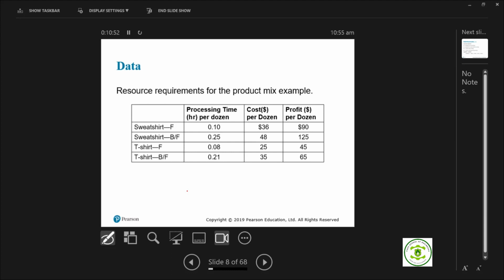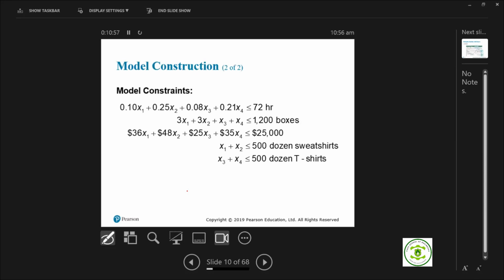So that's how that one is done. And we said that the maximum is 25,000. That's the maximum budget. That's the cost you can incur.